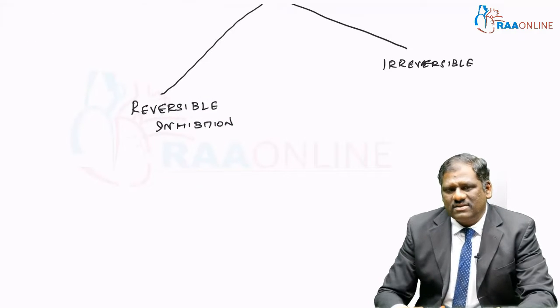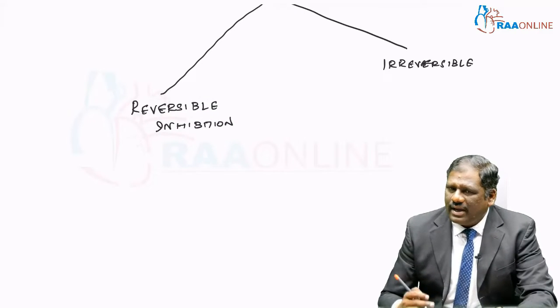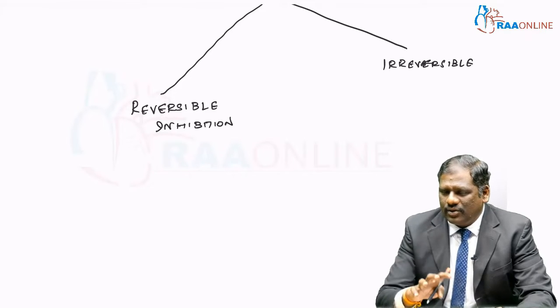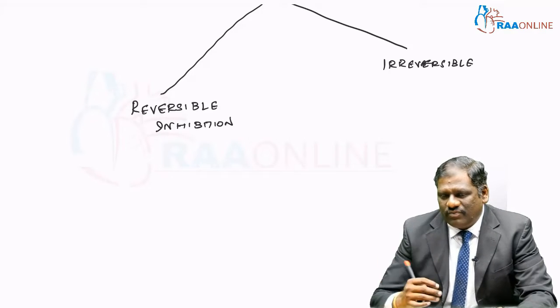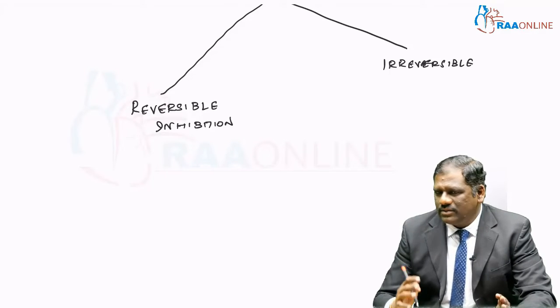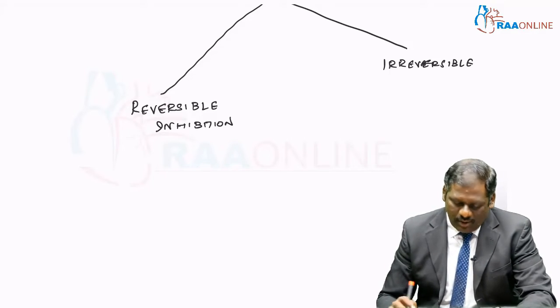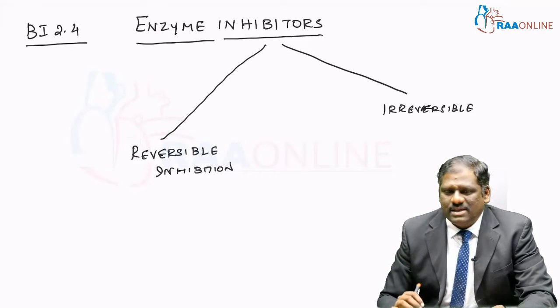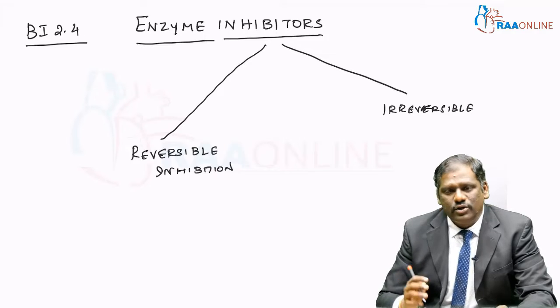The name itself says, what do you mean by reversible? You can carry on the reaction forward by removing the inhibitor. In case of irreversible, you can't do anything much. So this is how you broadly classify the enzyme inhibition into two types.